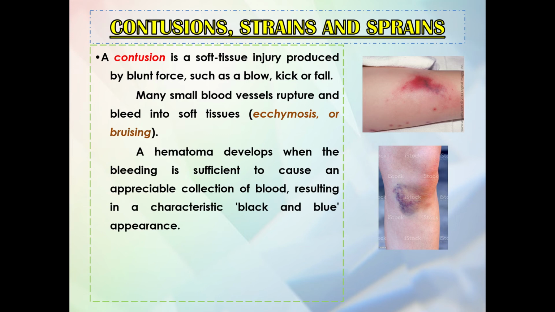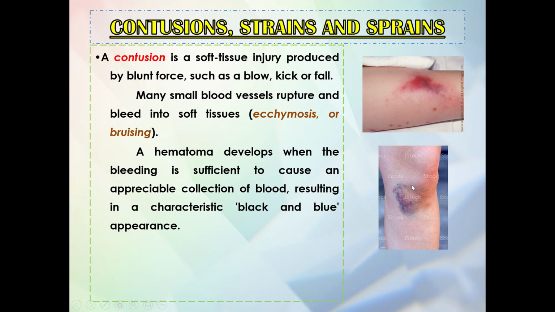Now, a hematoma develops when the bleeding is sufficient to cause an appreciable collection of blood, resulting in a characteristic black and blue appearance. So kapag merong sufficient collection of blood, so hematoma occur. So we have here, ito yung characteristic na black and blue appearance, just like ito namang second picture natin.